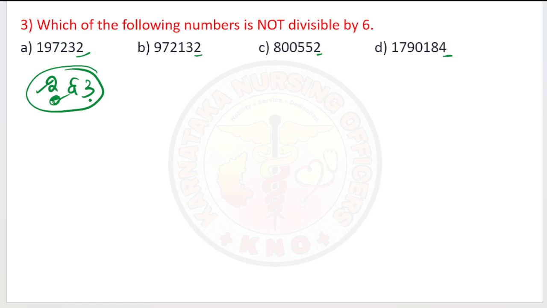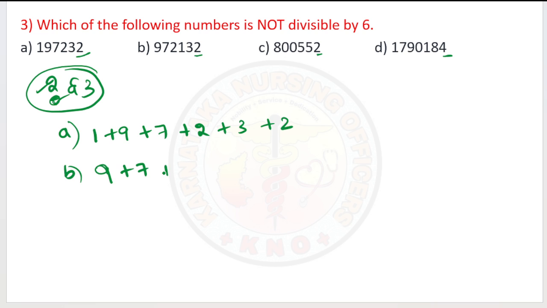And we have to look for the divisibility rule by 3. What is that? Add the digits of the number and do the division. So first we have to add the digits. Let us take the first option: 1 plus 9 plus 7 plus 2 plus 3 plus 2. Option B: 9 plus 7 plus 2 plus 1 plus 3 plus 2.